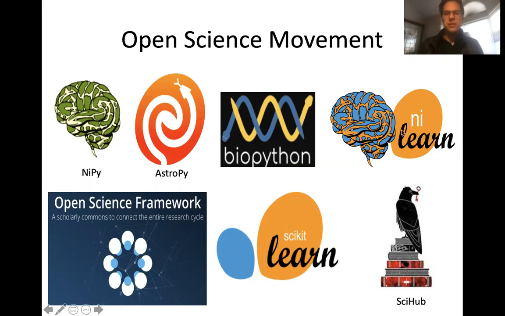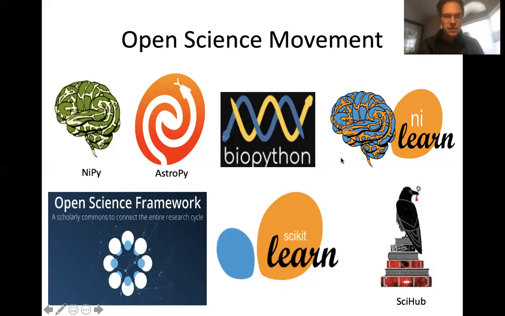A good example of this is Scikit-learn, a machine learning Python package that we discussed in the last class. A lot of the creators of Scikit-learn are also contributing to creating neuroimaging-specific versions of the things that they've created for Scikit-learn. And we're going to go a lot in depth in reviewing all of that.